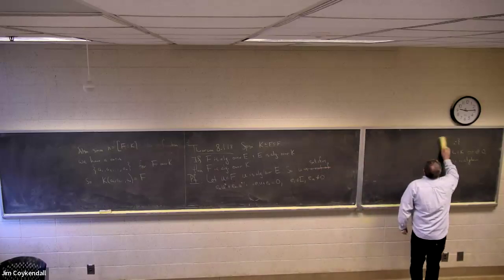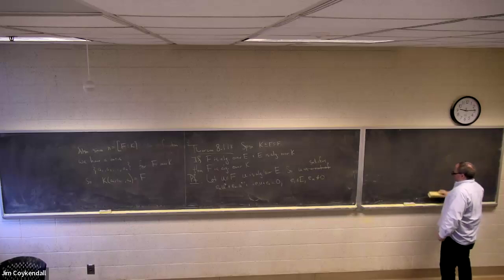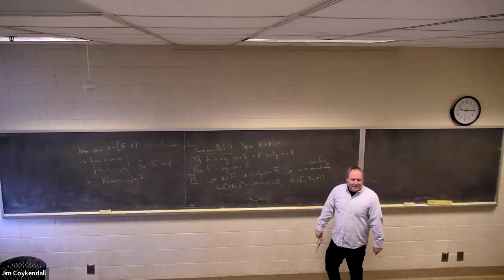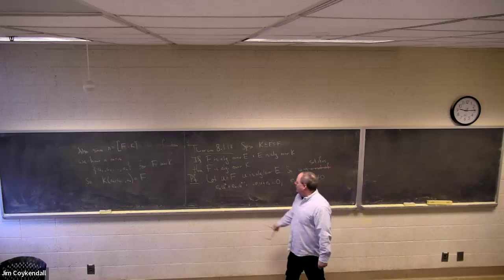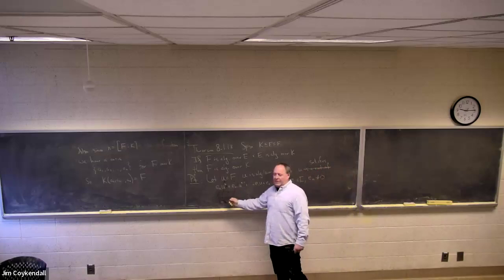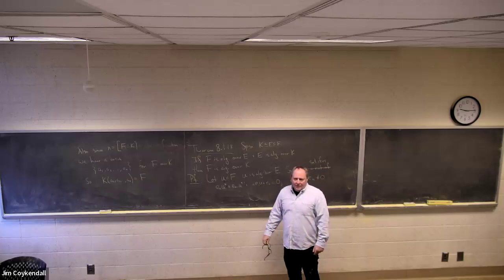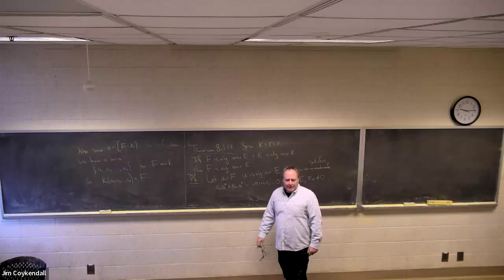Now, the question becomes, how do I get this all the way down to K, right? Because now, what have I done? I've shown that U is algebraic over E, so I'll get these coefficients in E. And I know that each one of these coefficients is algebraic over K, but making that step, that's difficult, right?